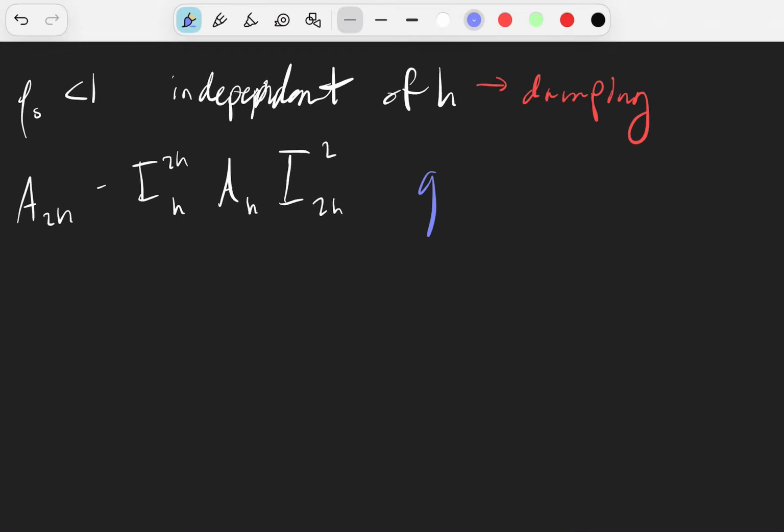The projection itself, that coarse grid correction itself, is a Galerkin coarse operator. That's what that means.